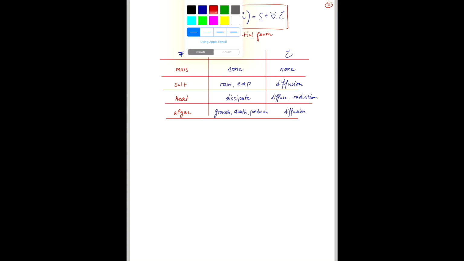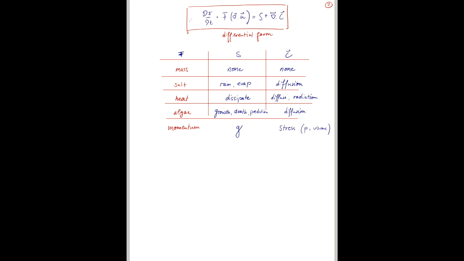And then finally, what we've already talked about, momentum. A source term for momentum is the volume force G, and then the surface forces would be stress. And stresses can be either due to pressure or viscous stresses. Good, and this gives us an idea of what quantities S, C, and f represent.